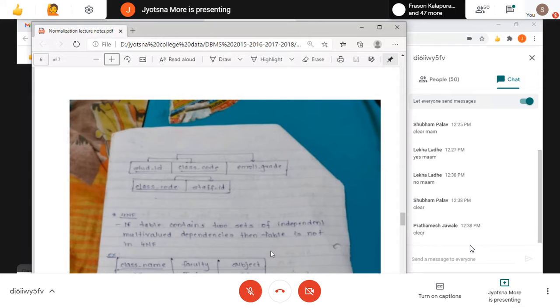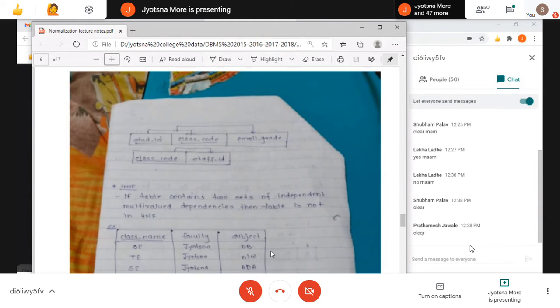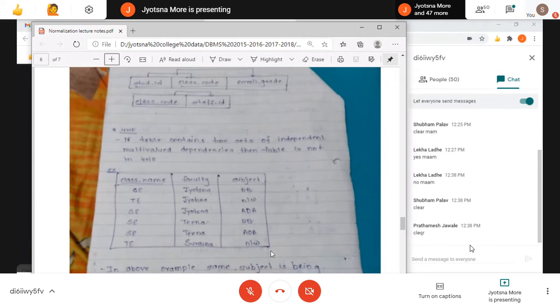Okay, multi-value dependency, but there are two sets. If there is only one set, we can solve it easily. But if there are two sets of independent multi-valued dependencies, then it is not in 4NF.